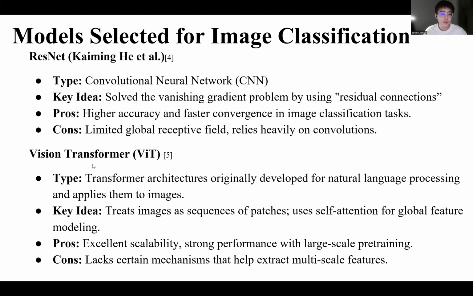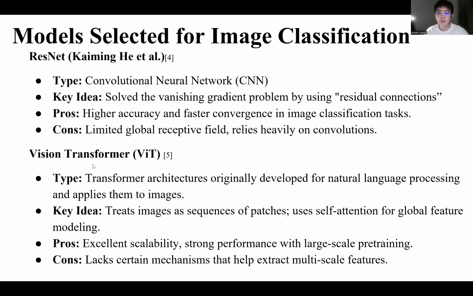This convolutional neural network solved the vanishing gradient problem by using residual connections. This allowed information to pass through the layers more easily. ResNet achieved higher accuracy and faster convergence in image classification tasks.